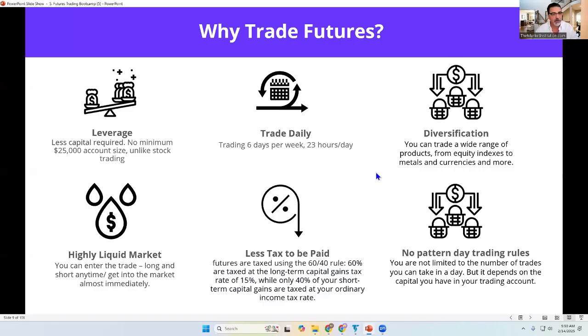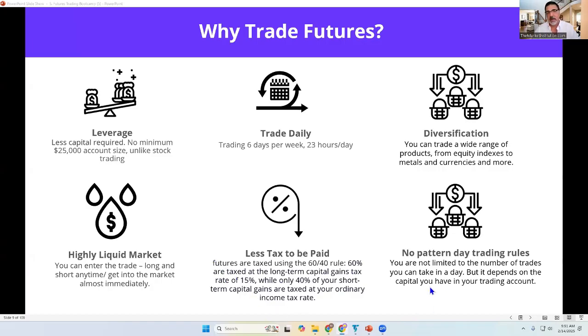Futures are highly liquid, easy to get in and out, and very often the spread is much smaller. As far as taxation, US based, there's still the 60-40 tax rule: 60% taxed at the long-term capital gains rate, and the other 40% at the short-term rate. So you're not getting taxed very high on short-term in and out trades.